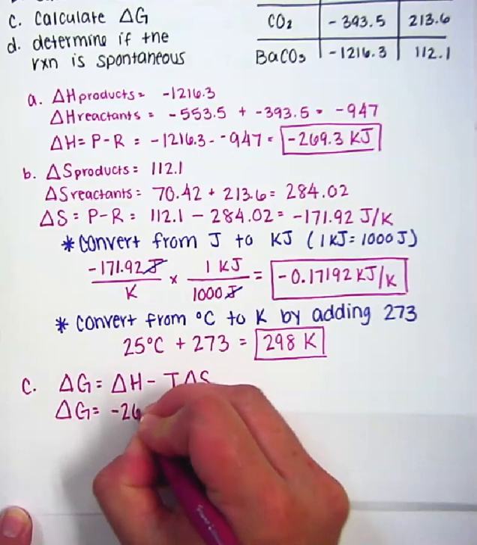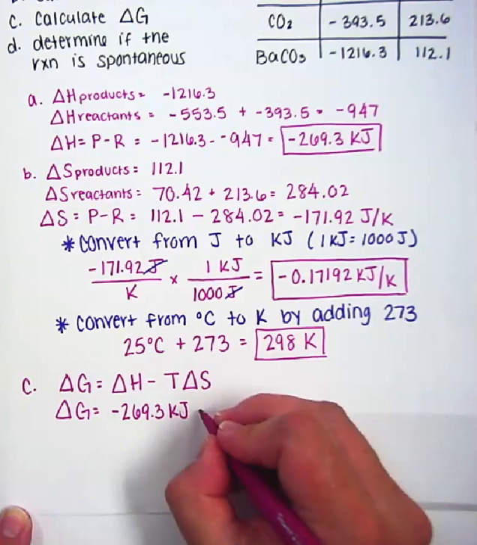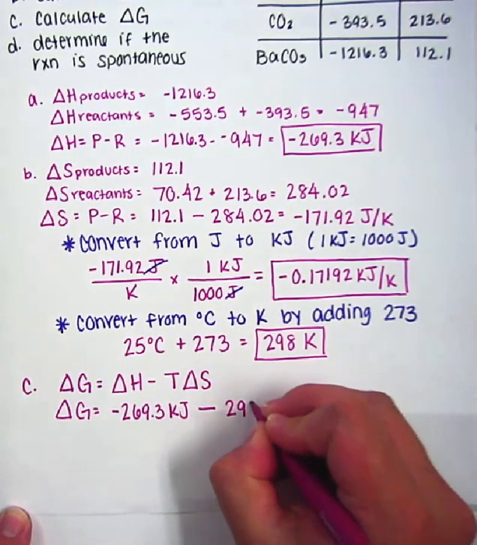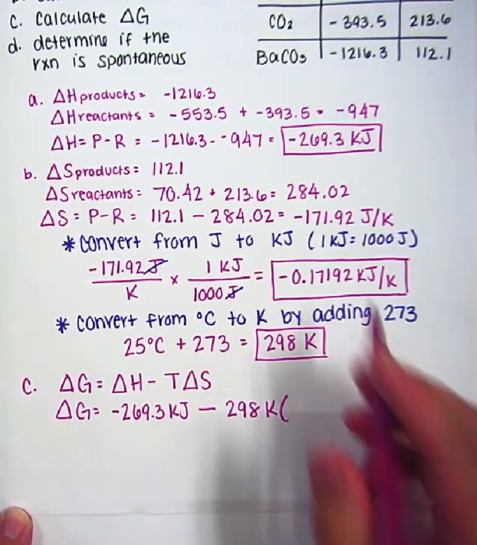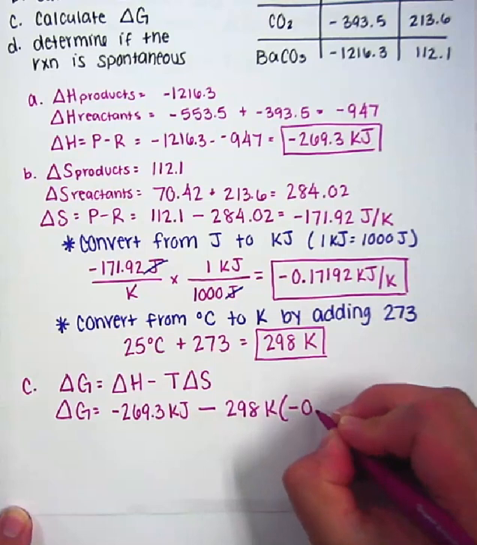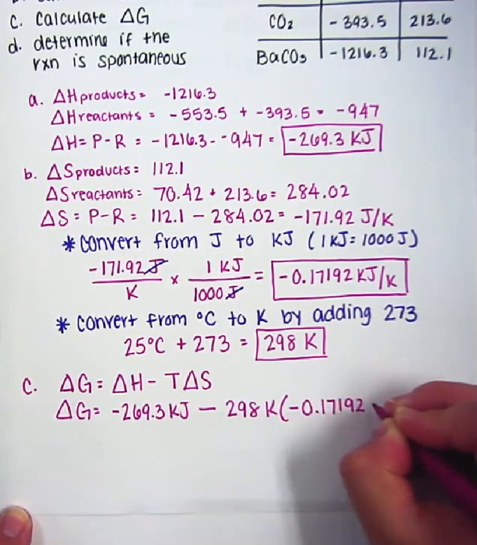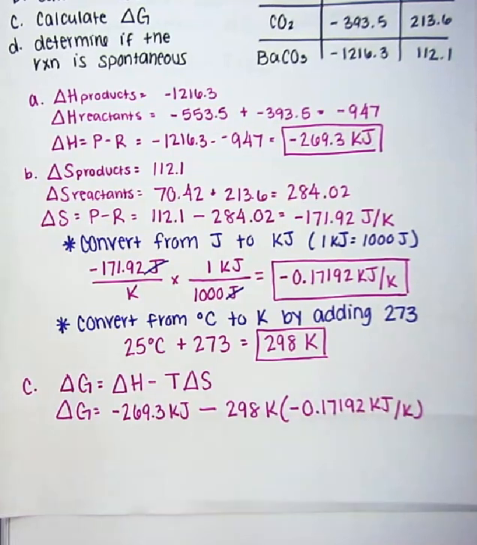Negative 269.3 kilojoules minus 298 Kelvin times negative 0.17192 kilojoules per Kelvin.